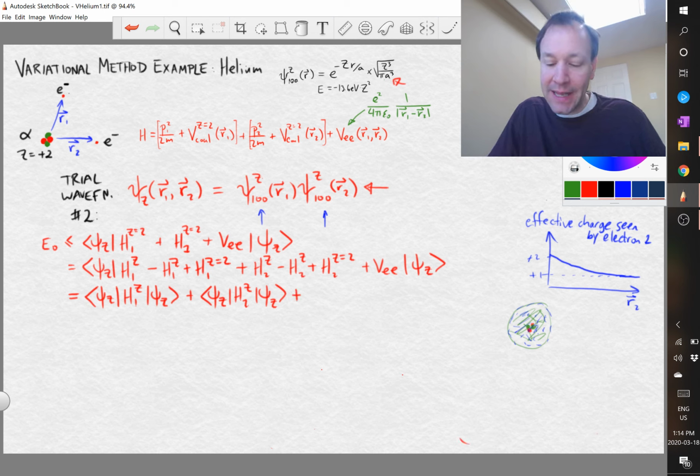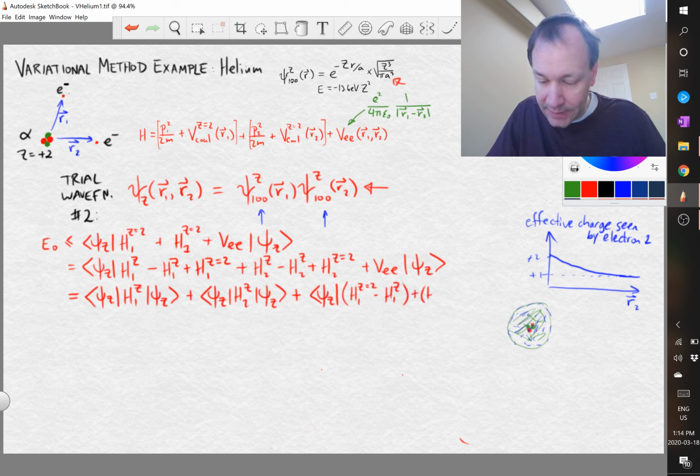And then what we have left is this big combination of things: H1 with Z equals 2 minus H1Z, plus H2 with Z equals 2 minus H2Z, plus VEE, and then we have our state.